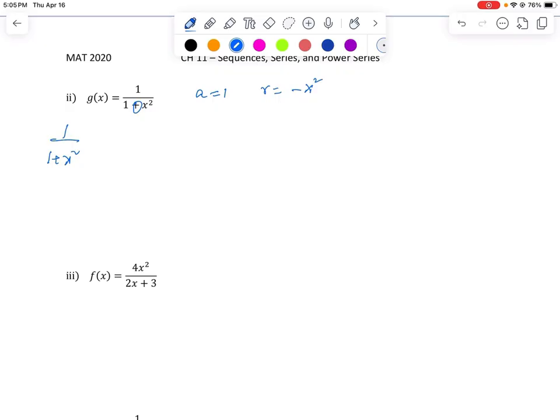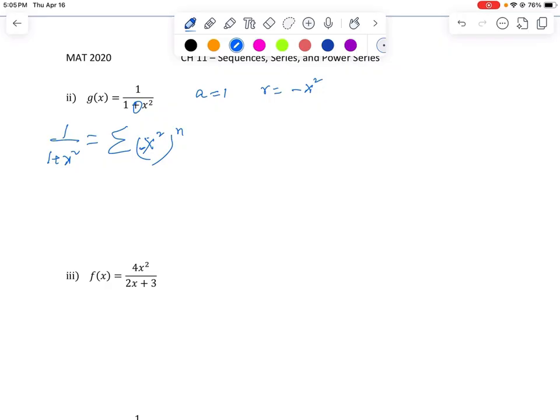So let's do this. Remember the closed form of that series was summation x to the n. But now in place of x, I will plug in negative x squared, so negative x squared whole raised to the power n. So this is the closed form.